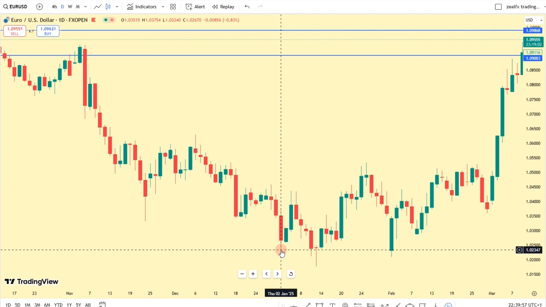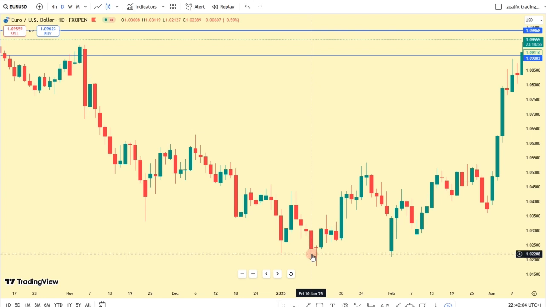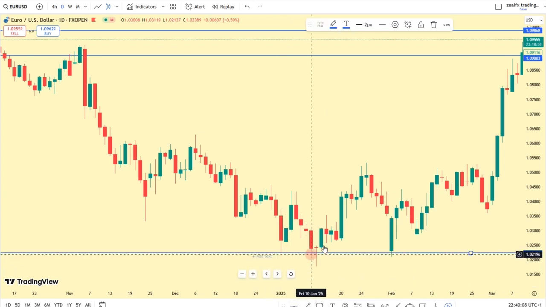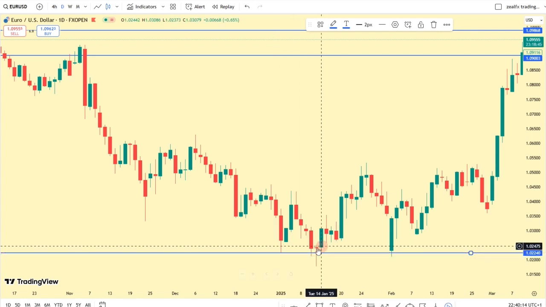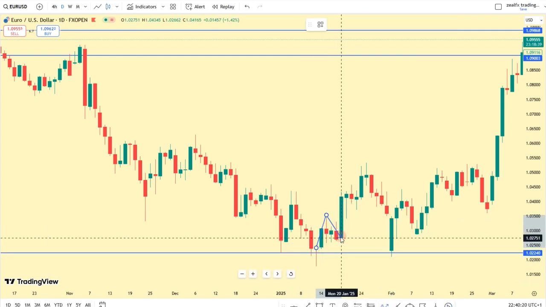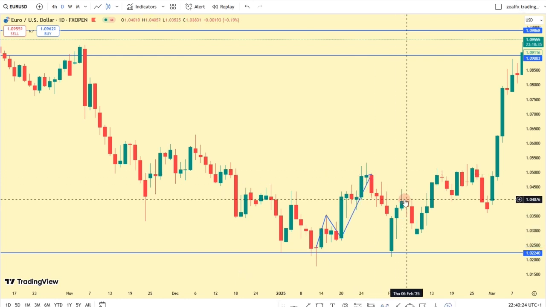We have a previous support level here, and price tested this previous support level and failed to close below it. Then price closed above this previous support level, which is what led to this uptrend. You can see how price reacts to this. We now started having a price push back towards the next resistance level.